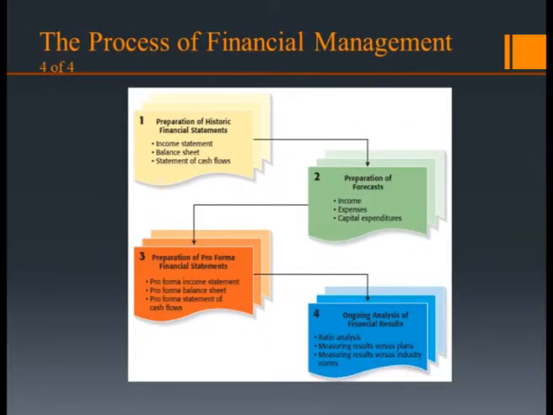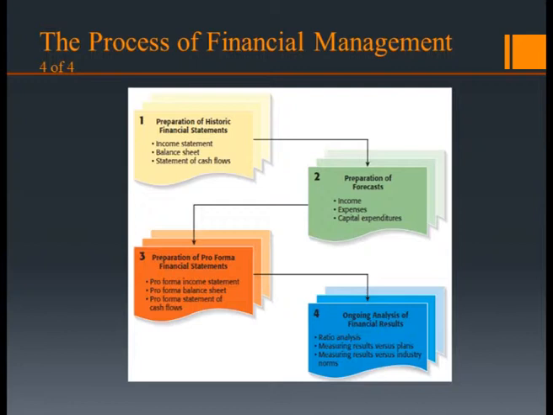To simplify the process of financial management, let's look to the diagram. First diagram, the column 1, preparation of historic financial statement include income statement, balance sheet, and statement of cash flows. Second column, preparation of forecast includes income, expenses, and capital expenditures.